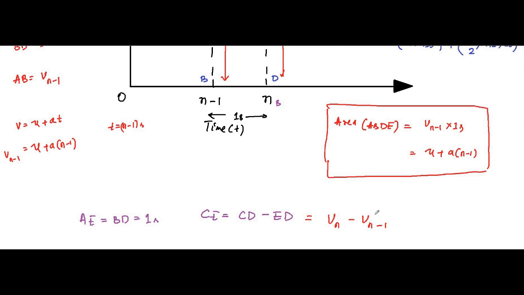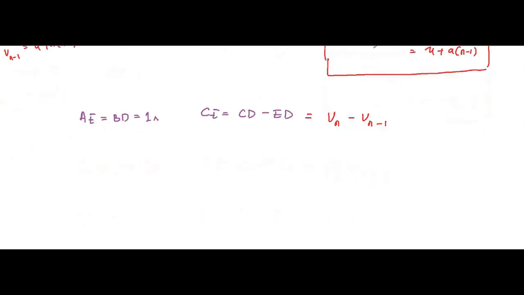So the area of the triangle ACE is equal to 1/2 into AE into CE, which is 1/2 into 1 second into Vn minus Vn minus 1.